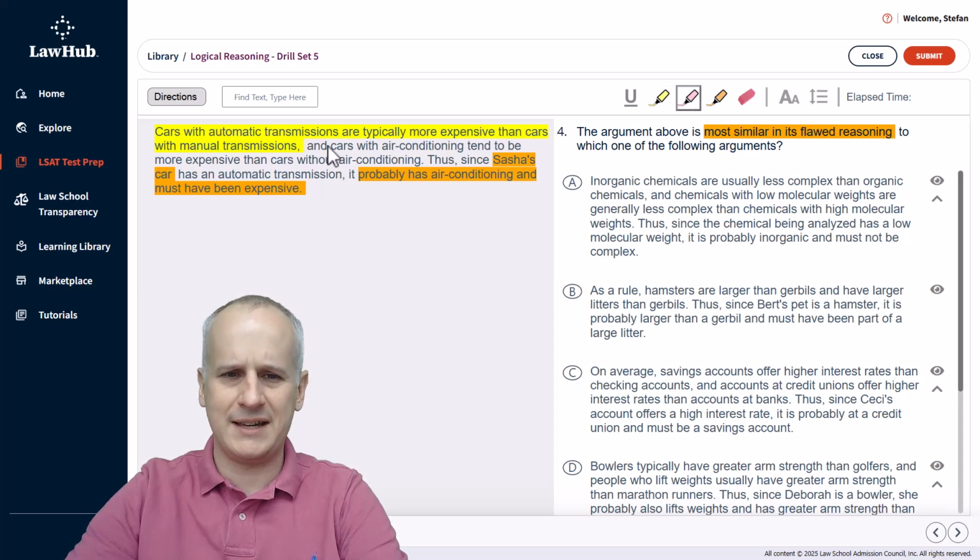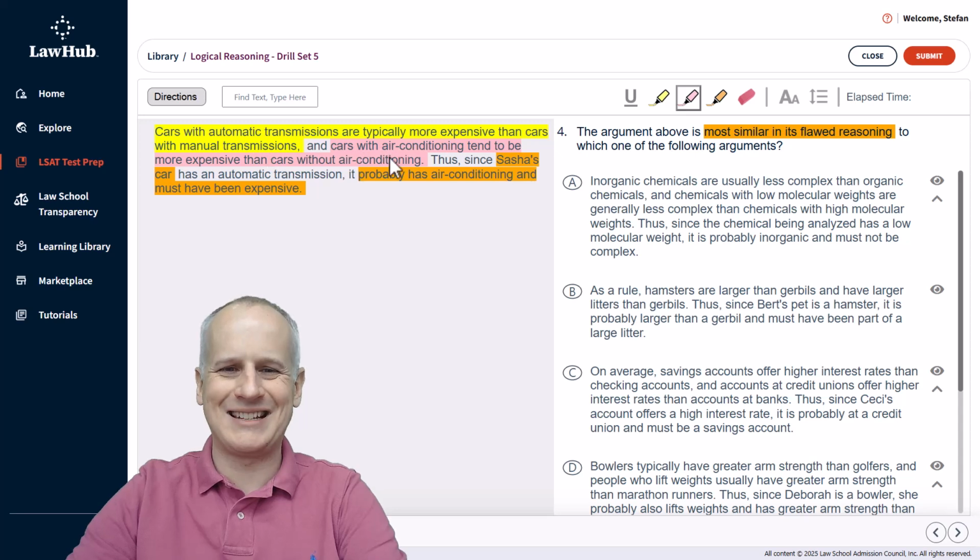And then we'll highlight the second statement that cars with air conditioning tend to be more expensive than cars without air conditioning. Okay, so we've got two different statements about what makes a car more expensive, but we can't link those things. It says that Sasha's car has an automatic transmission, and that means that it's probably more expensive than one with a manual transmission.